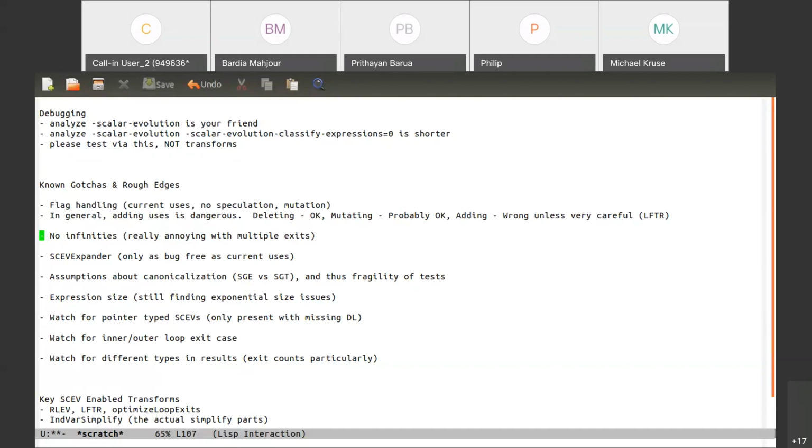I'm not really sure whether to say this is a SCEV issue or our definition of poison issue, but it's a thing to watch out for. Generally, if you're working with SCEV, deleting a value or replacing a value are both very low-risk operations. But if you're adding a new use of a value, stop, think, check with other people. That's where dragons lie.